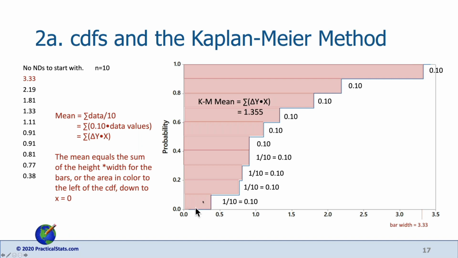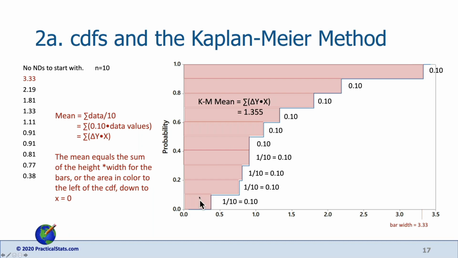And if you color in this area and compute the total area from the CDF, which is the blue step function, down to 0, that's the mean. So if you sum up all of these areas, you're taking the value of y. In this case, it's 0.38. The next one is 0.77, then 0.81. These are the same numbers as over here on the left. And the vertical distance is 0.1 in every case.